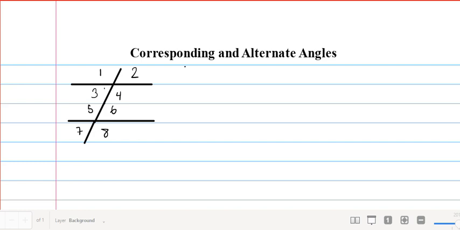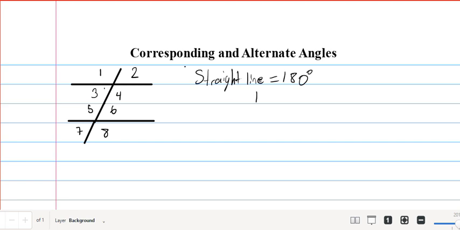All right. So one of the first things you need to take into consideration, if anyone asks you how many degrees is angle two, but you know angle one, you know that a straight line is equal to 180 degrees, right? So angle one and two is on a straight line.